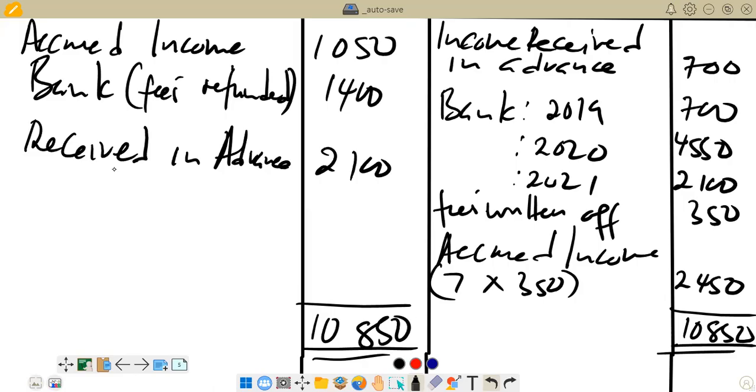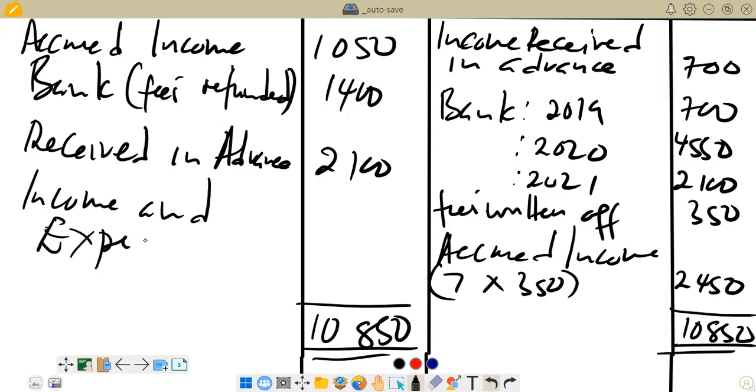Then we are not going to call it a balance CD. We are just going to transfer it to the income and expenditure. The amount we get there, when you take this total minus what we have on the debit side, is a balance of 6,300. So that is what we have on the second part.